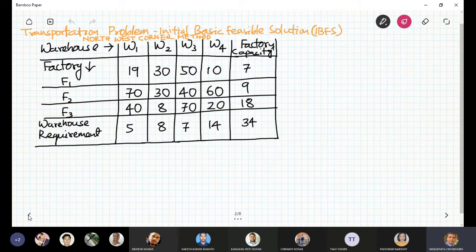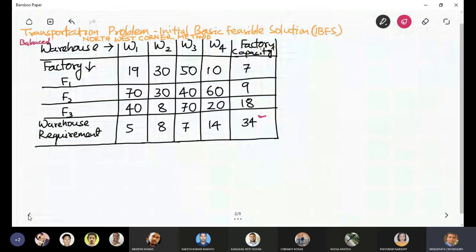If you add up the rows, that is 7 plus 9 plus 18, that comes to 34. Similarly, if you add column-wise, that is W1, W2, W3, W4, it is 5 plus 8 plus 7 plus 14, that is also equal to 34. So this is what we call a balanced transportation problem.